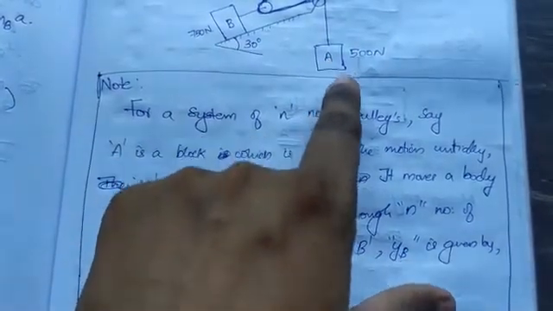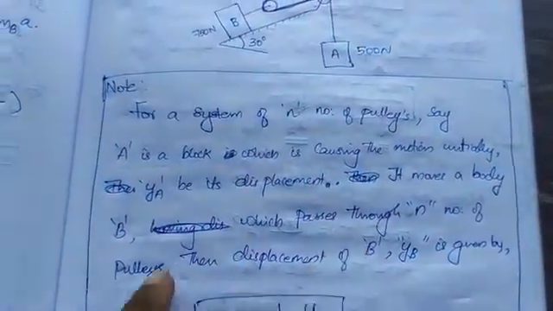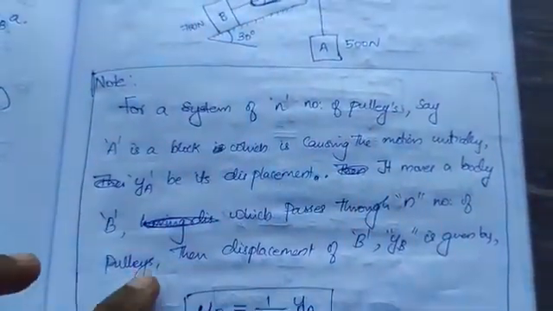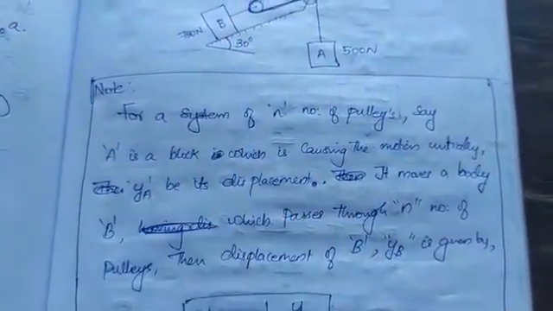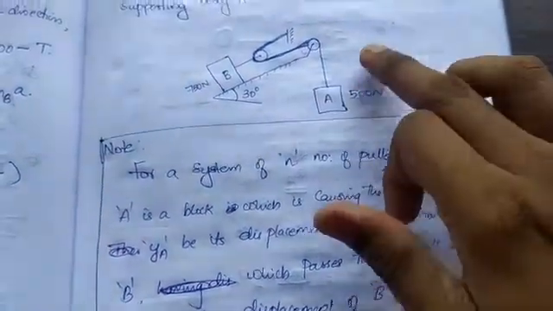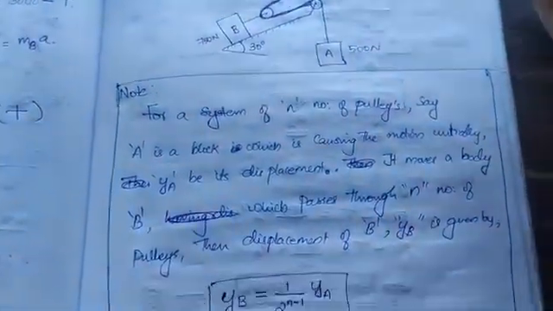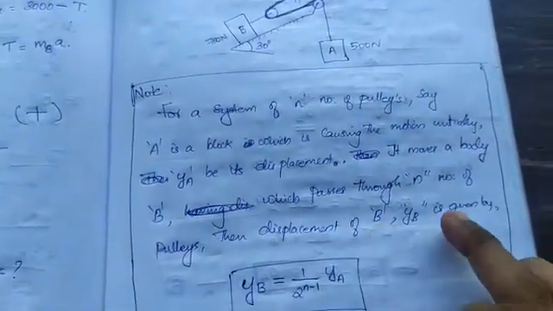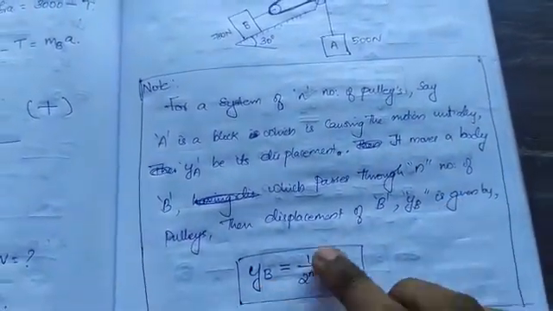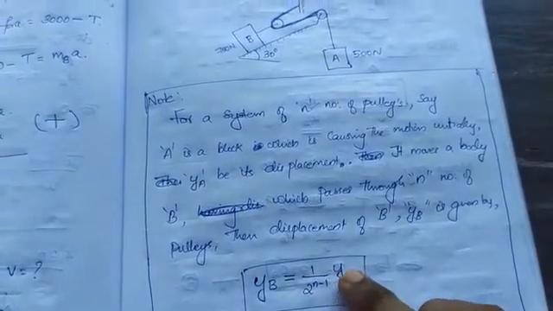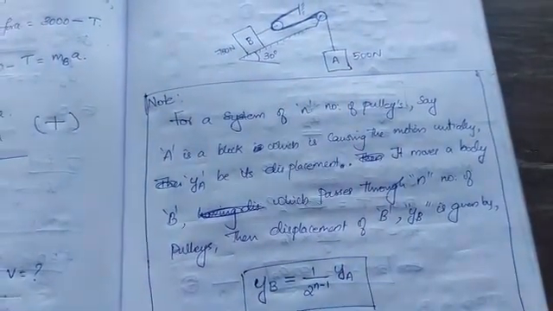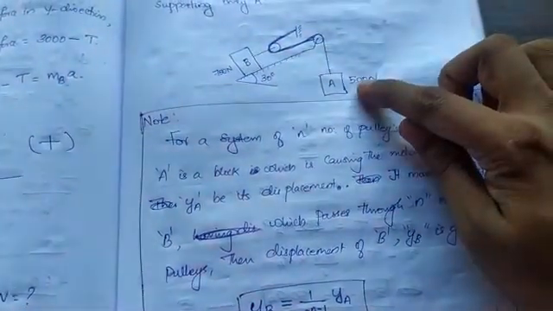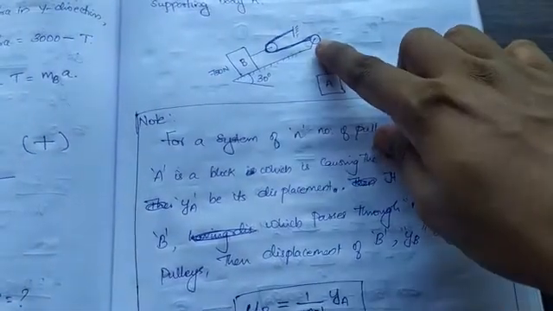It moves a body B, which passes through n number of pulleys. Here we have 2 pulleys. If there is n number of pulleys, then displacement of B, YB, is given by YB is equal to 1 by 2 raised to n minus 1 into YA. So for this case, how many pulleys?